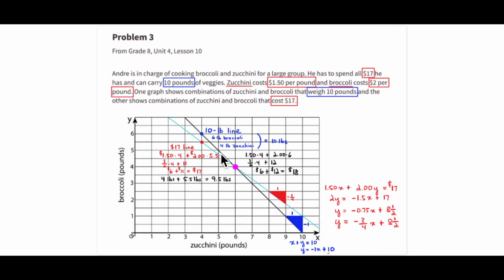And so this gap that forms here is 1/4 of a pound, 50 cents for 1/4 of a pound of broccoli. And that gap continues to increase. So another pound, that gap increases another 1/4 of a pound. So now this gap is 1/2 a pound. So it's 1/4 of a pound, another 1/4 of a pound, which is 1/2 a pound. And each time that 1/4 of a pound is 50 cents more.